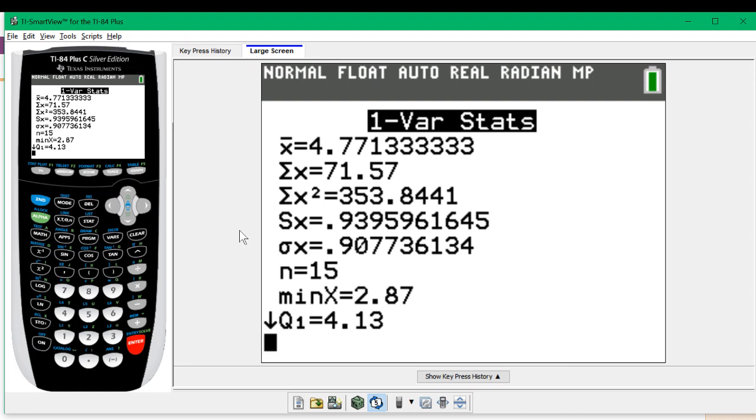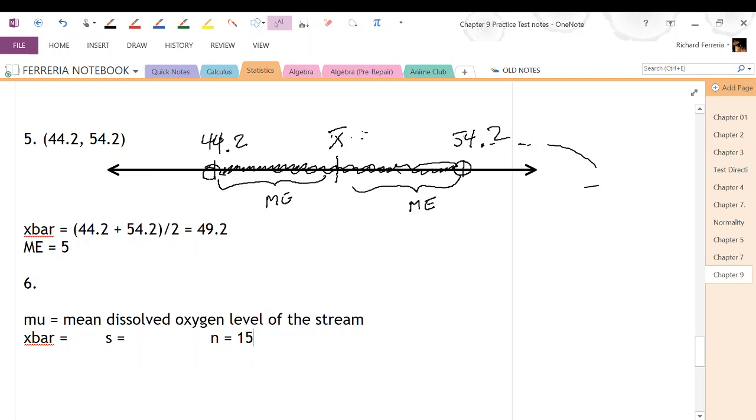That's good. So 4.77 and 0.940. If you round it, it's 0.940. Okay.